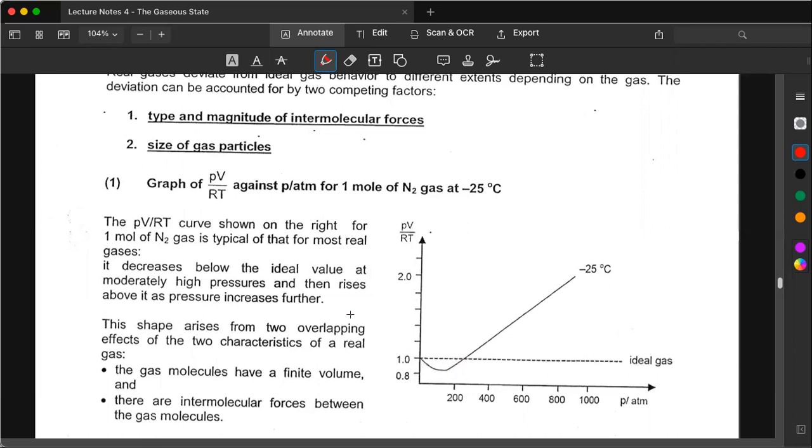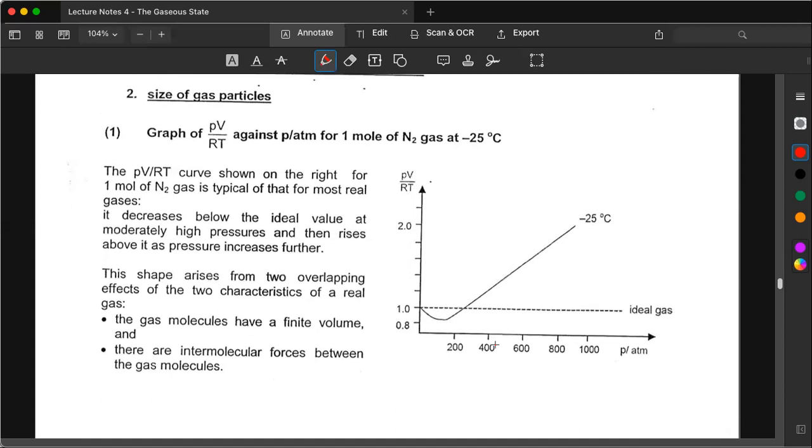So you can see that it decreases below the ideal value at moderately high pressure and then rises above it as pressure increases further. The shape arises from 2 overlapping effects. 1, the gas molecules have a finite volume and there are intermolecular forces between the gas molecules.